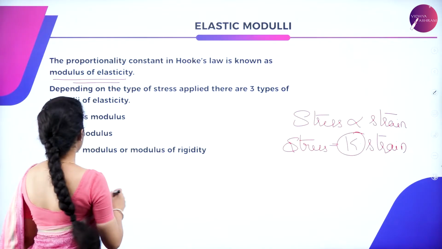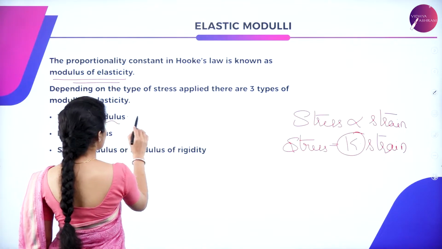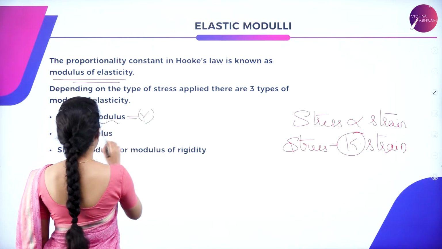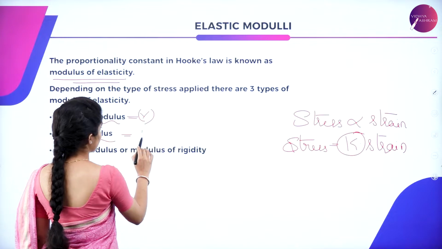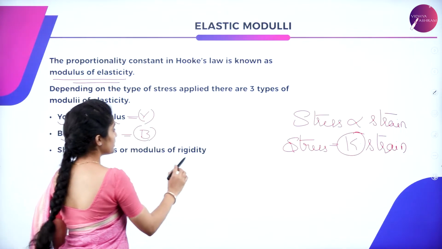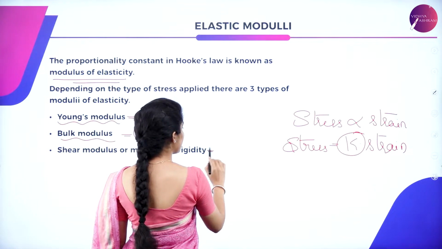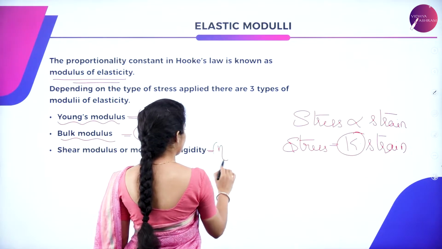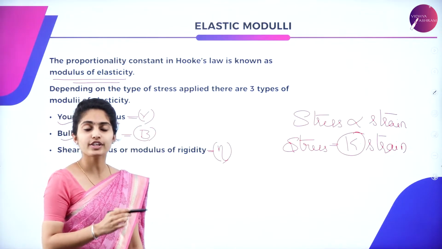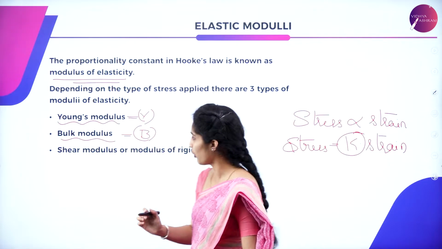Which are those moduli? We have Young's modulus, which is given by Y, bulk modulus, which is given by B, and shear modulus or modulus of rigidity, which is given by eta. These are the symbolic representations of the three types of moduli.